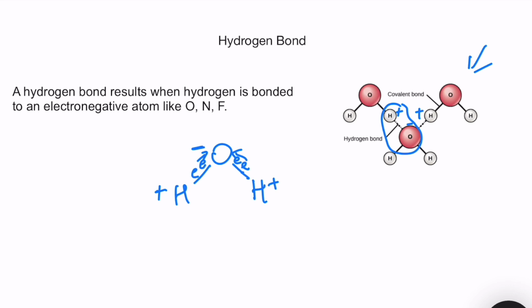This is called a hydrogen bond. In this example, the hydrogen bond is between hydrogen and oxygen. You will also see it forming between hydrogen and another molecule where the hydrogen is bonded to a nitrogen that has a slight negative charge, or fluorine that has a slight negative charge.